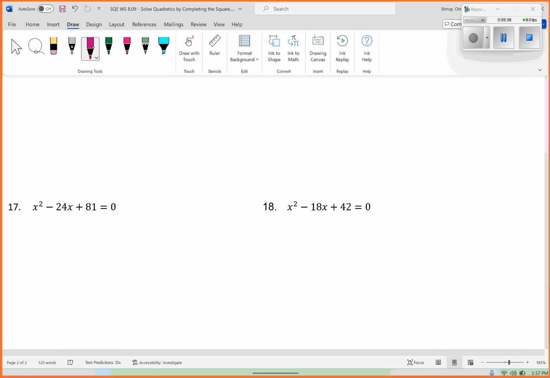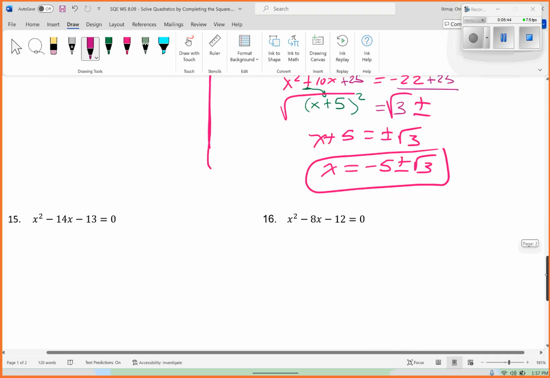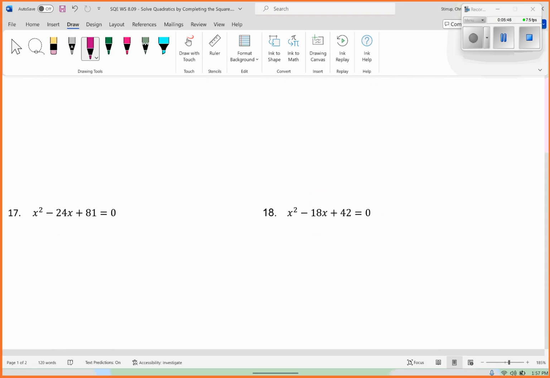What's the first thing we should do on number 17, friends? Minus 81. Nice. Minus 81. So gets to there. So I get x squared minus 24x, leave a space, equals negative 81. Good so far? Okay, down below, set of parentheses squared. Is it a positive or a negative sign?